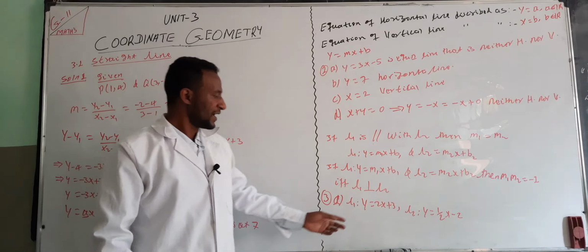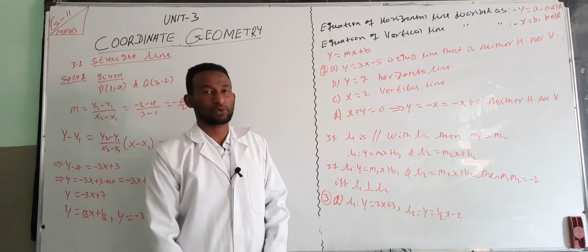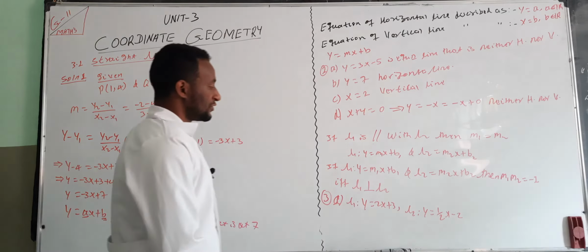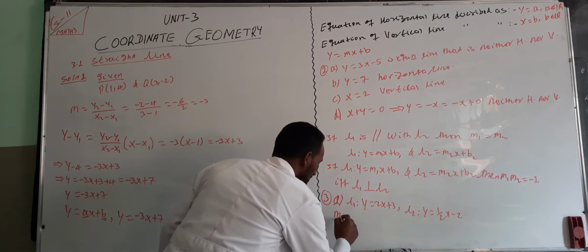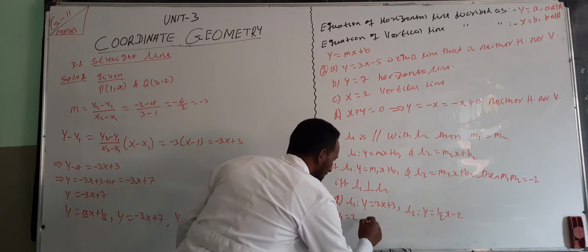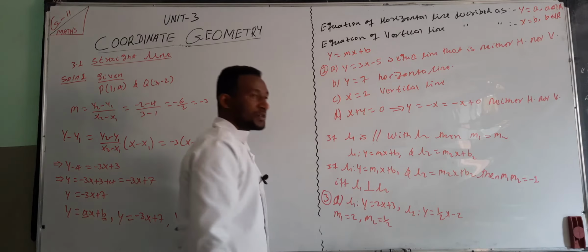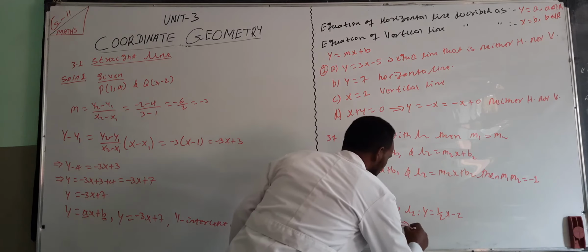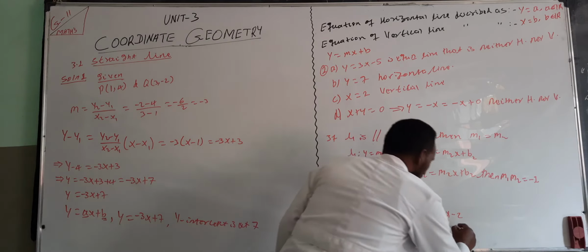To identify whether these lines are parallel, perpendicular, or neither, we have to consider the slopes of these two lines. The slope of L1, m1, is equal to 2 and m2 is equal to 1 over 2. This implies that m1 is different from m2.